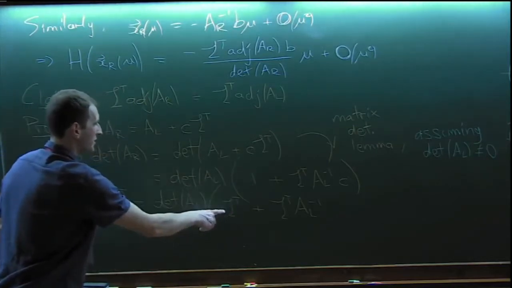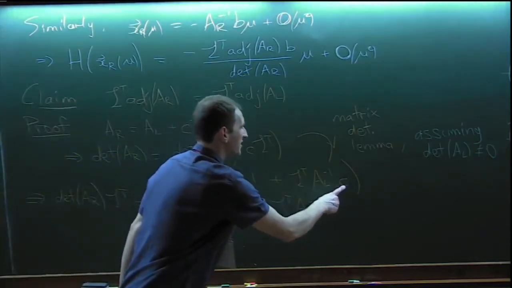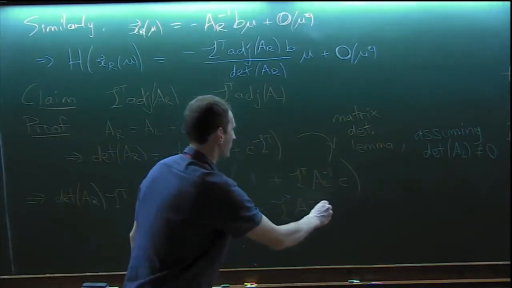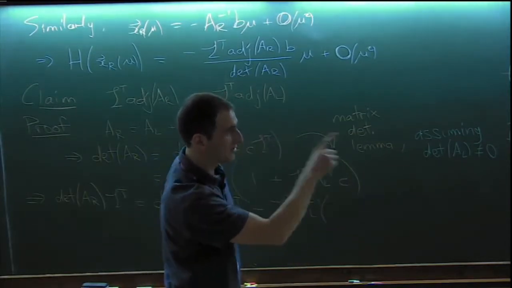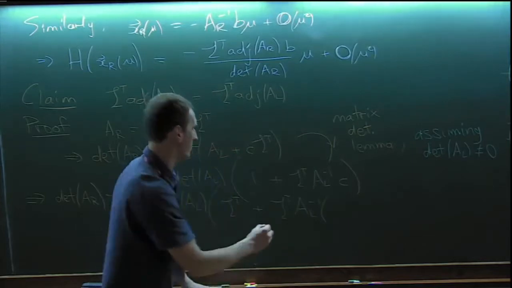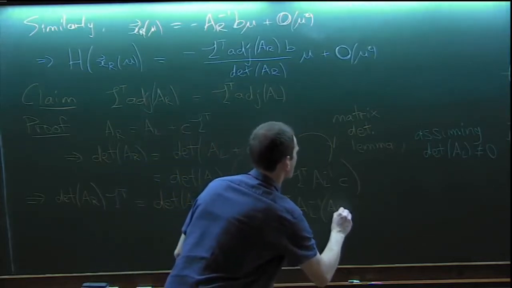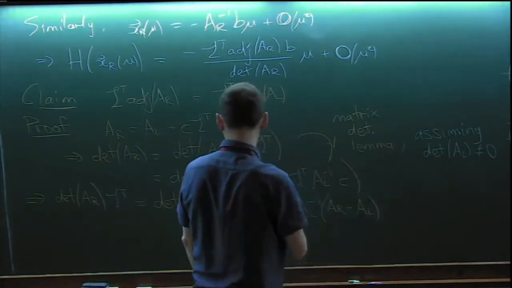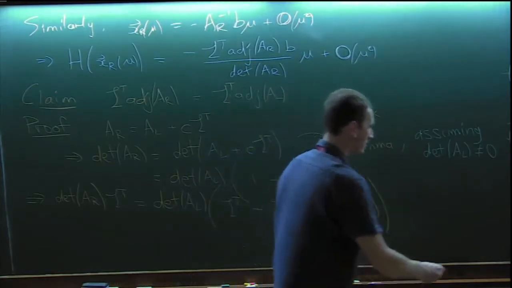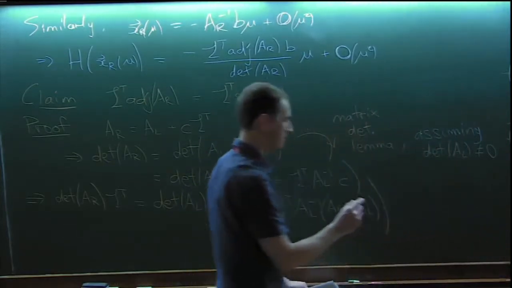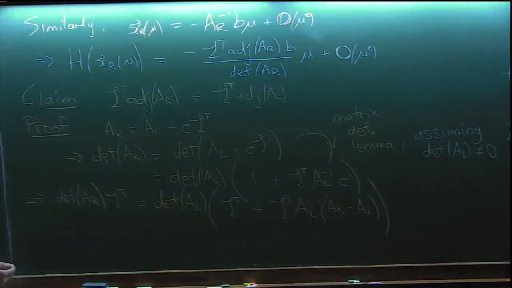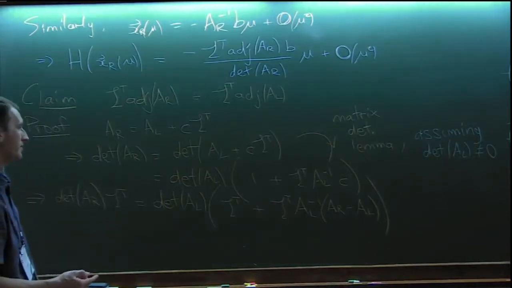So the 1 turns into zeta transpose. I've got a C times zeta transpose. C times zeta transpose is AR minus AL. Slightly longer chalk. What can we do now?